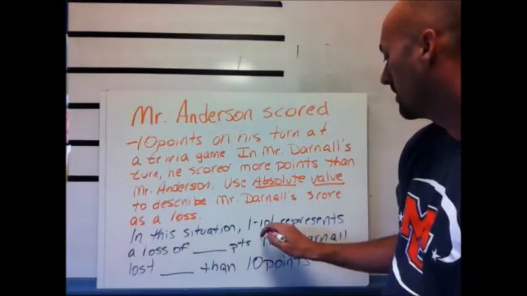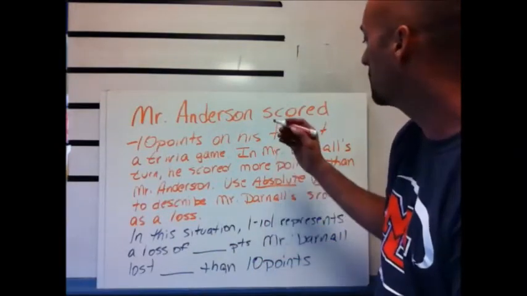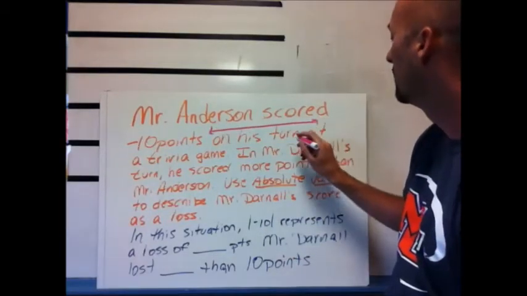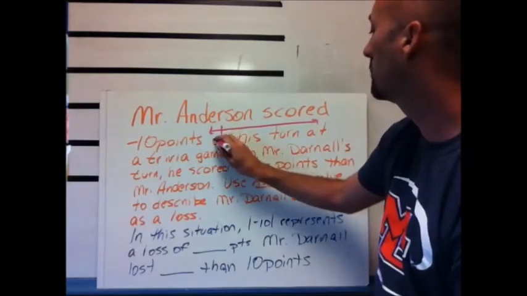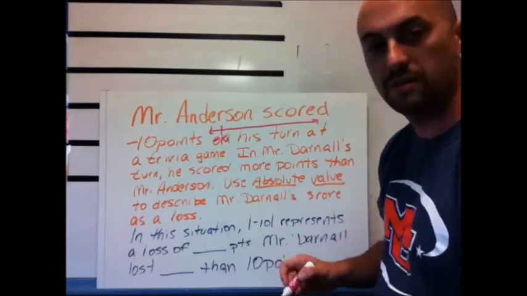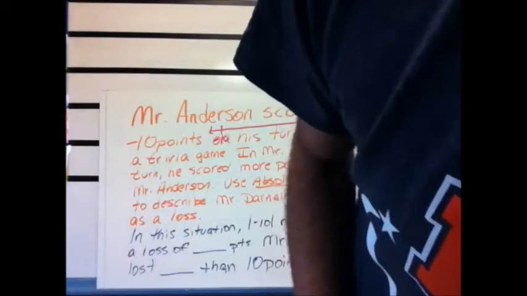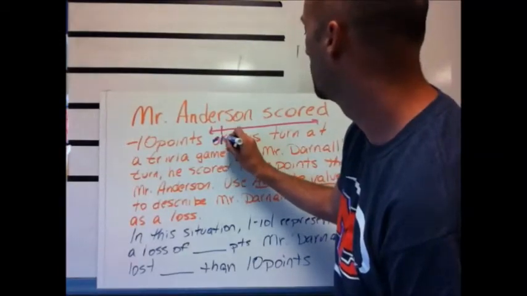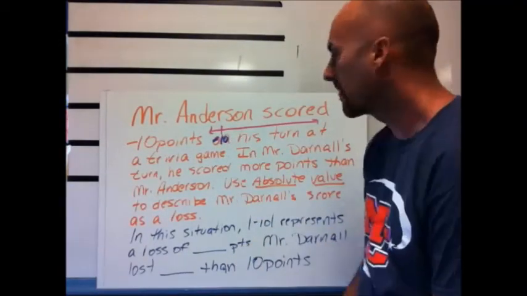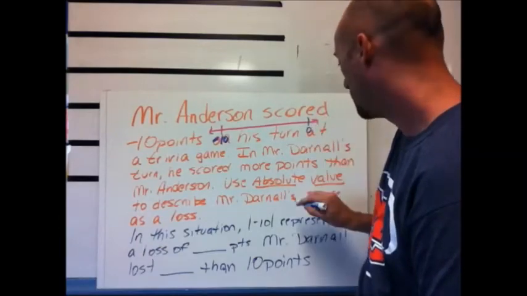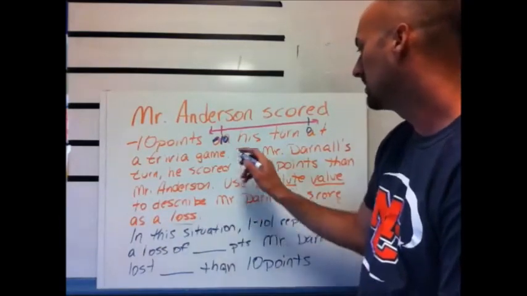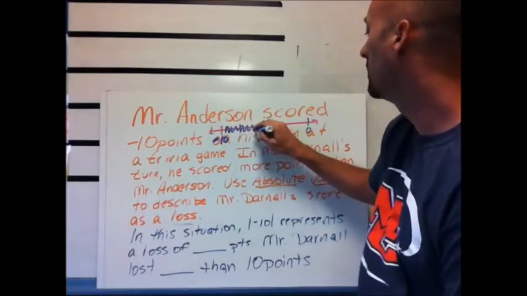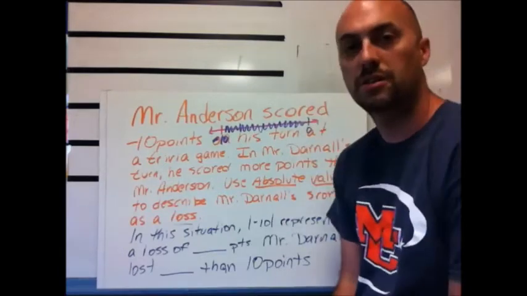In this situation, the absolute value of negative 10, because that's what we're referring to. I'm going to just insert a little number line in here. Mr. Anderson is somewhere over here at negative 10, right? I scored more points than him, so I am somewhere in this section here.